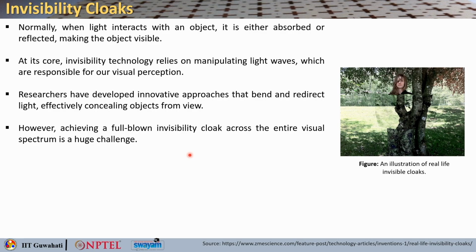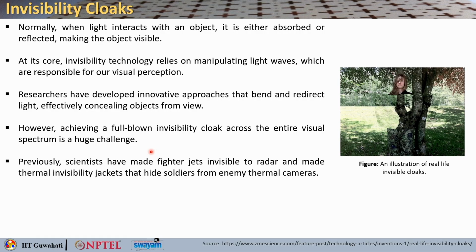So what is the challenge? Achieving a full blown invisibility cloak that works across the entire visual spectrum, say 380 to 780 nanometer, is a huge challenge. Previously, the same concept has also been tried and tested in microwave and RF frequencies.